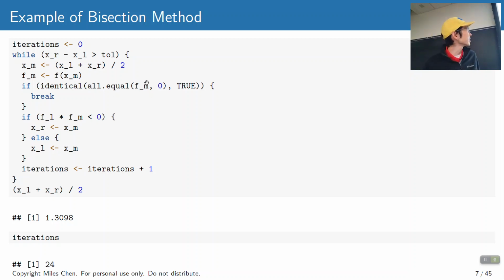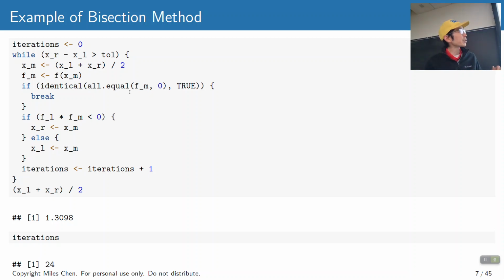But unfortunately, this all equal function, I don't know if you've used it, but all equal. So remember, with floating point numbers, you don't actually, for something to be equal to 0, it has to be exactly equal to 0. And so values that are close to 0 but not really exactly 0 will end up, if you do equals, will be false. So we're going to do all equal being approximately equal is f at the midpoint approximately equal to 0.